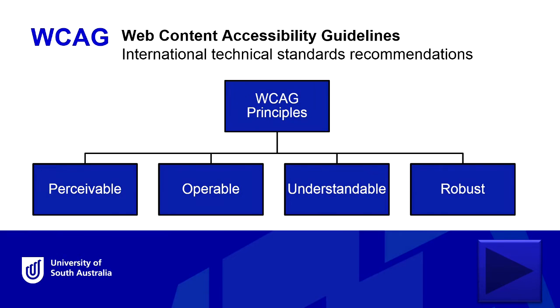Their focus is on both the human experience and that of assistive technologies, as well as making content accessible across multiple platforms. There are four main content principles. Content should be perceivable, operable, understandable, and robust. Let's look at each of these in turn.